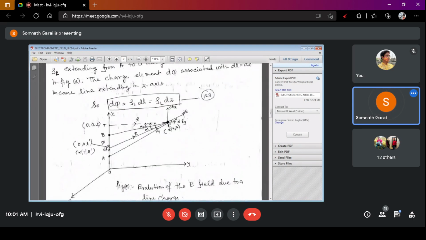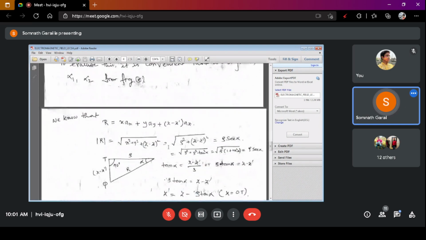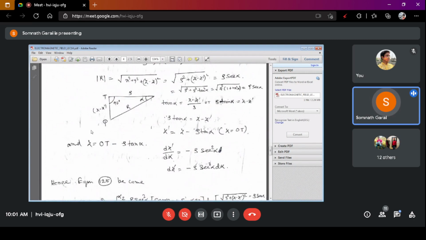Now if we consider this triangle, this angle will be 90 degrees, an orthogonal system. So if we take tan alpha, tan alpha is equal to perpendicular by base.